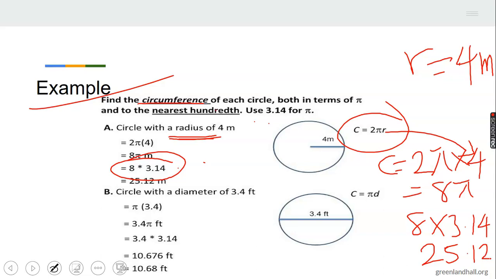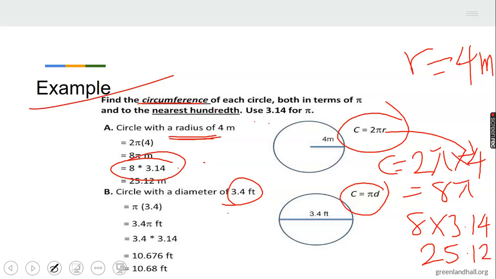But whenever you are given diameter, now this one is in feet, it's still the same thing. You use C equals pi d. Unlike this one, when we were given radius, we used 2 pi r.